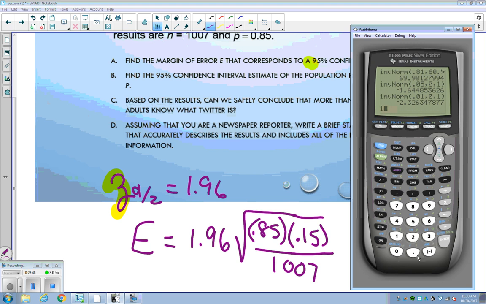So 1.96 times the square root of 0.85 times 0.15 divided by 1,007.